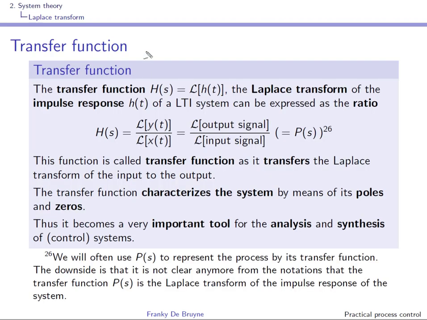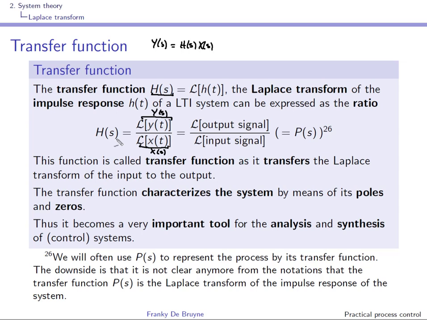Well, we have seen that the Laplace transform of the output is H(s) times X(s). So the transfer function H(s) is the ratio of the Laplace transform of the output over the Laplace transform of the input, right?